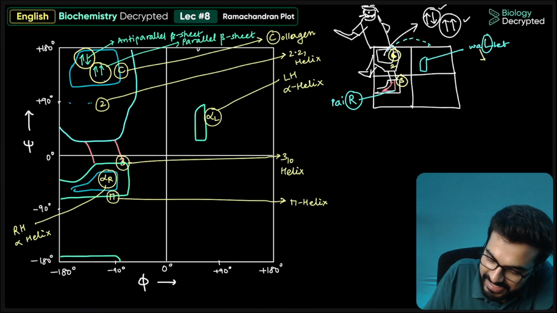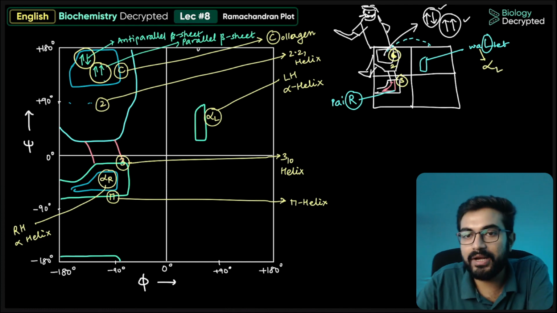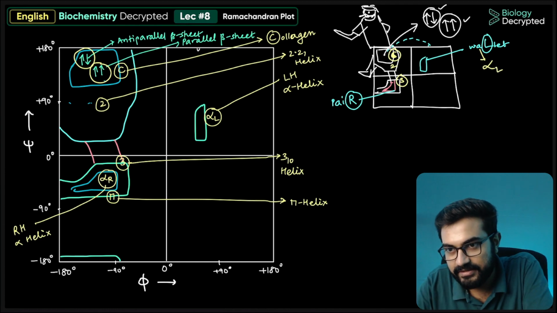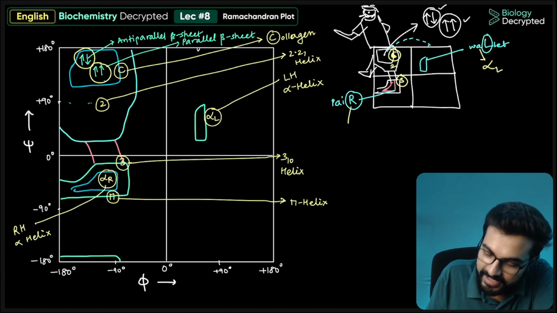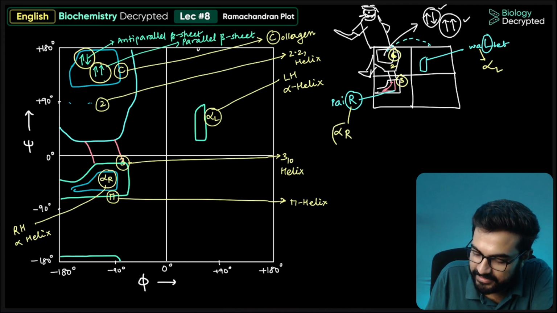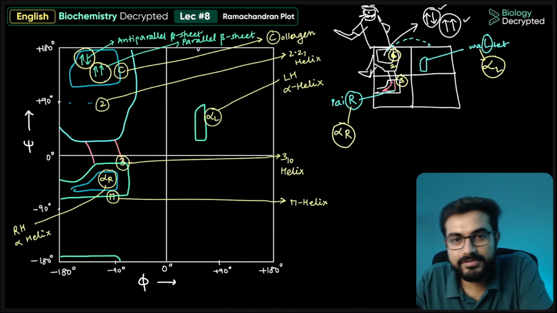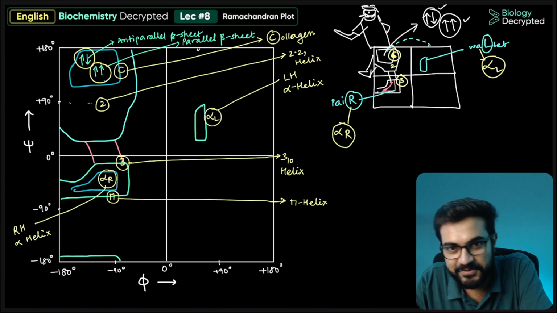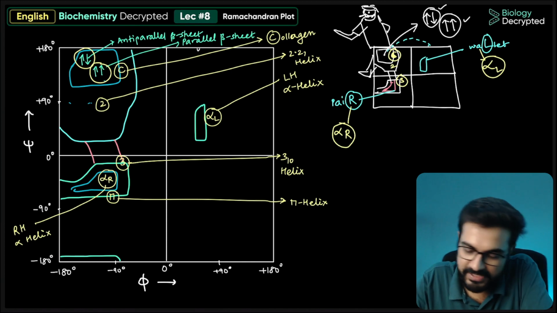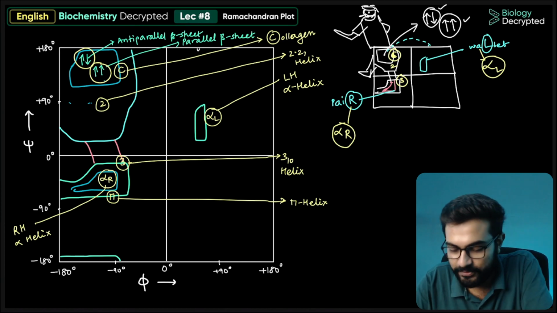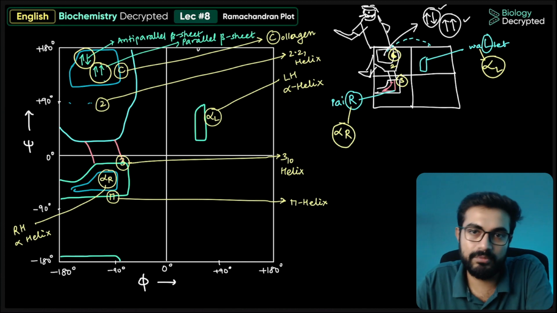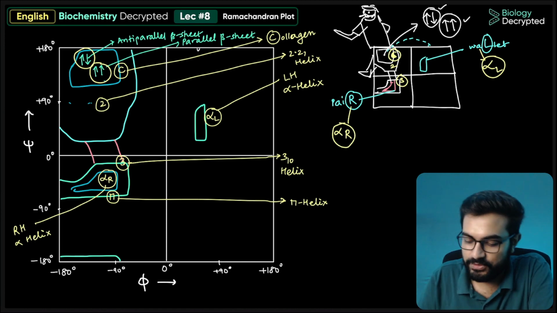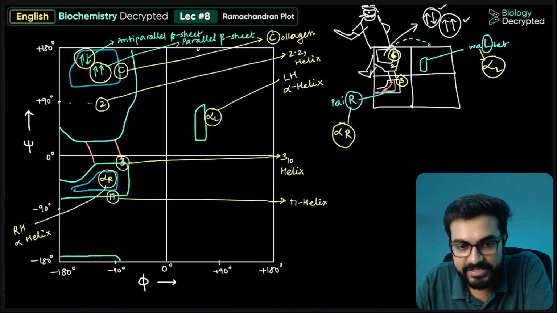What does this L stand for? This stands for left-handed alpha helix. This stands for right-handed alpha helix. So that's how you signify this. So wallet, pair of socks: R from pair and L from wallet. This gives you the right-handed and left-handed alpha helices respectively.